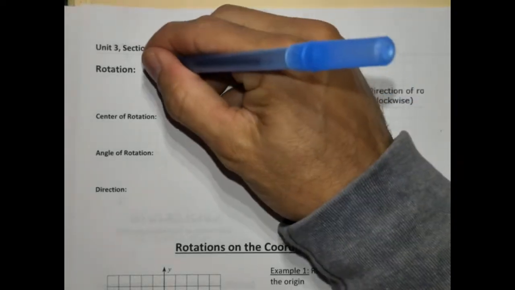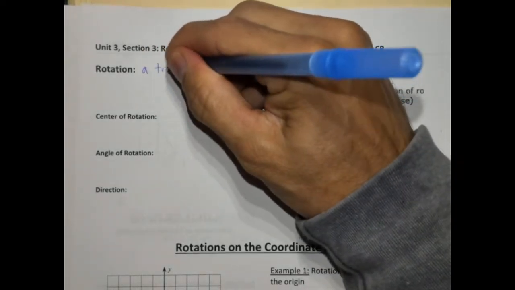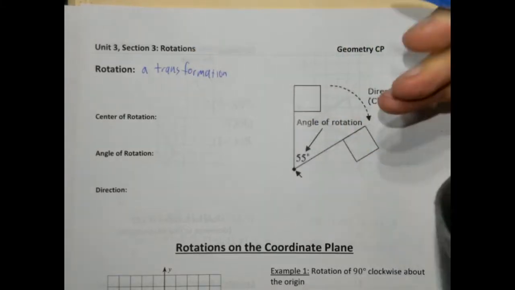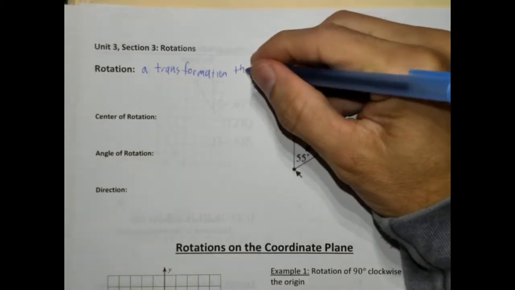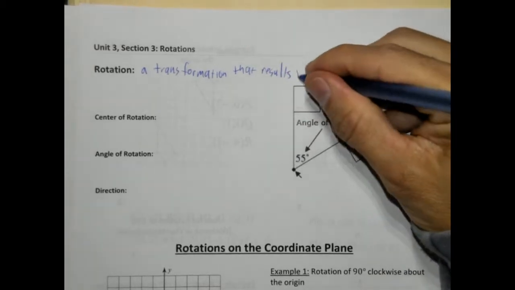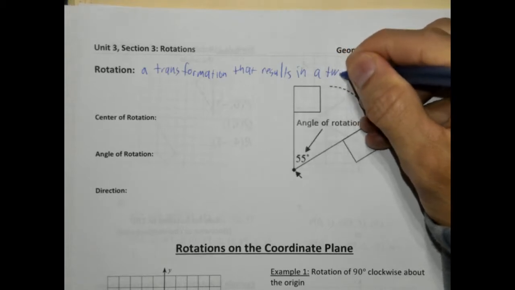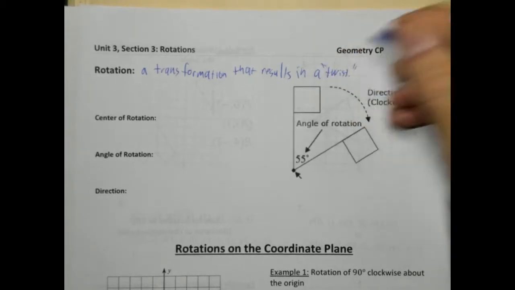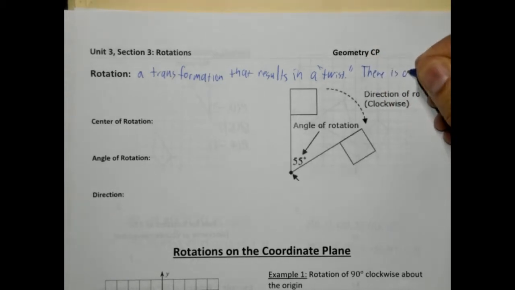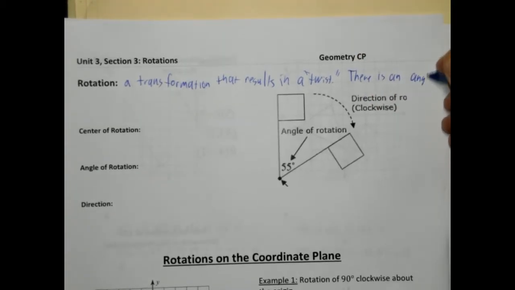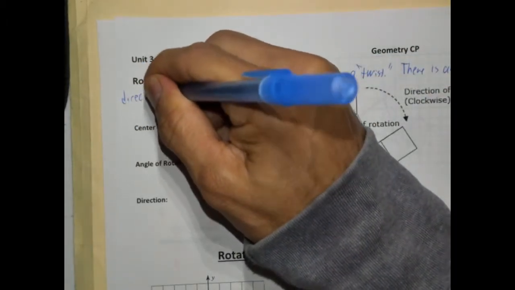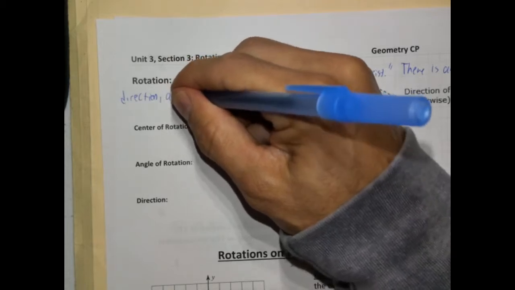A rotation. A transformation that results in a twist. There's an angle, direction, and center of rotation.